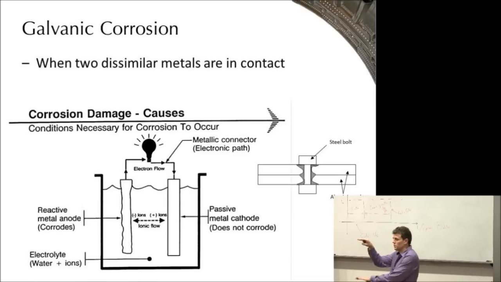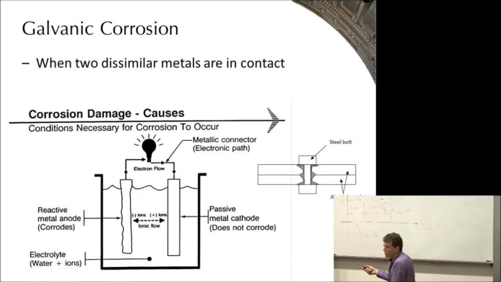They'll have a different propensity for taking or giving away electrons to the surrounding environment. And that's how batteries work. A battery is just a bunch of these things stacked together. But we can inadvertently set up batteries on our aircraft that lead to corrosion. One of the species, the anode, will corrode and donate ions to the solution.